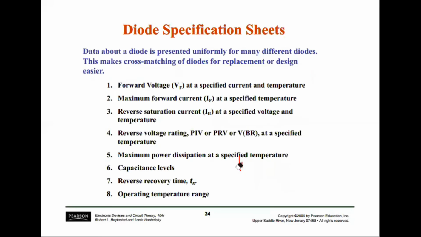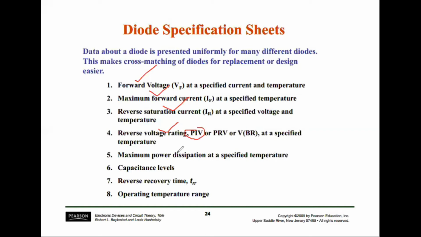Diode specifications. So what are the diode specifications? The diode specification can be forward voltage in any diode. These are all the specifications which are related to any diode: the forward voltage, maximum forward current, and if you apply more than this current, the diode will be burned off. Reverse saturation current, reverse voltage rating PIV or PRV, we have discussed it.